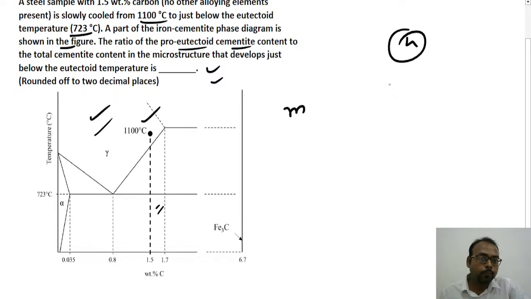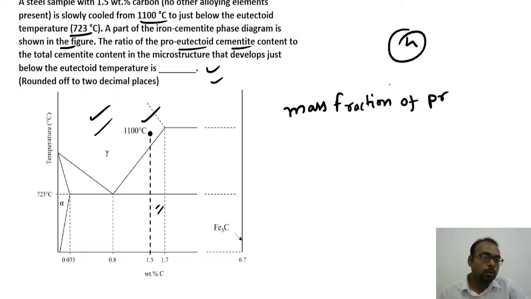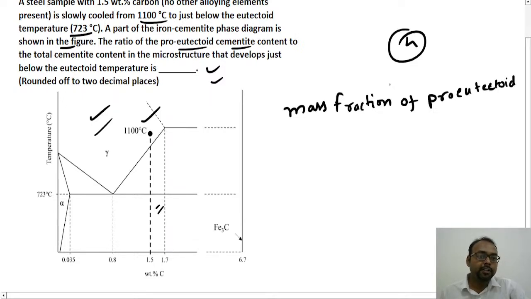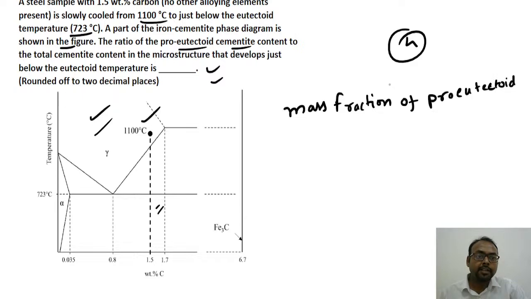mass fraction of pro-eutectoid cementite. First of all, we will try to find out the mass percentage of pro-eutectoid cementite.